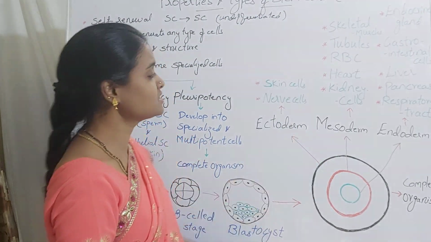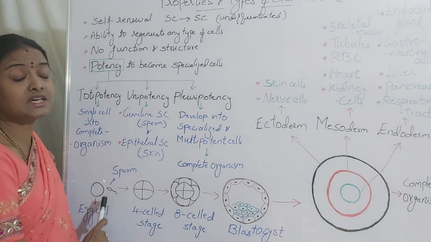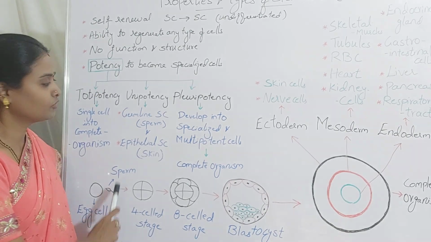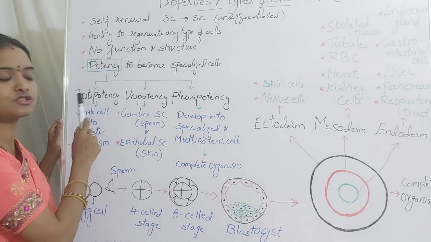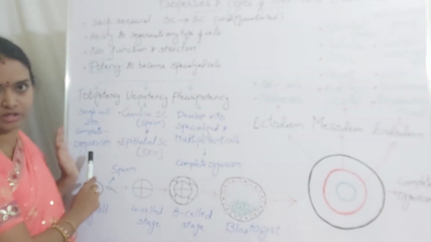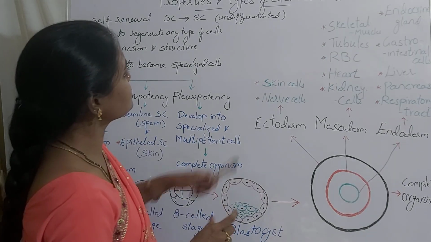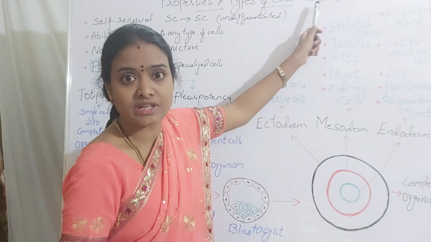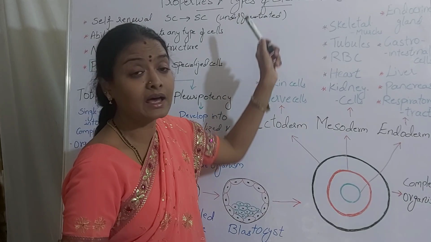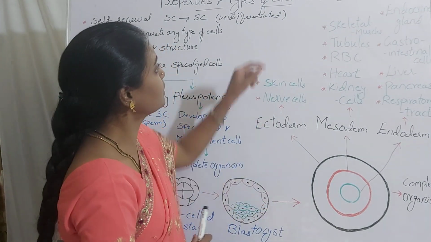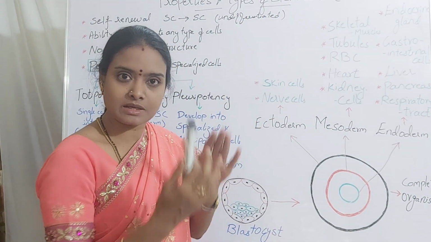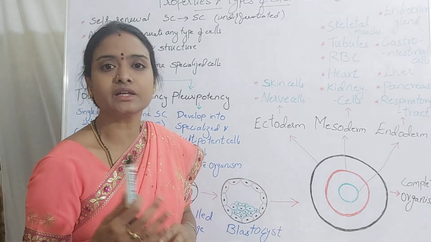Right? That means here the totipotency plays an important role, where it has the ability to get transformed into a complete organism. So we are saying the stem cells have the ability to transform into stem cells or into a complete organism.